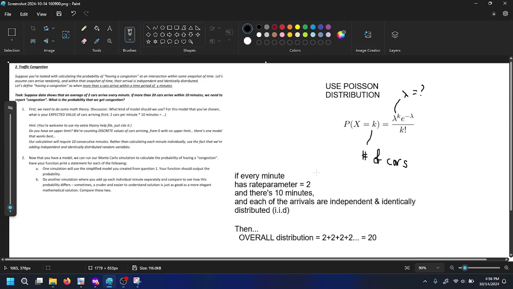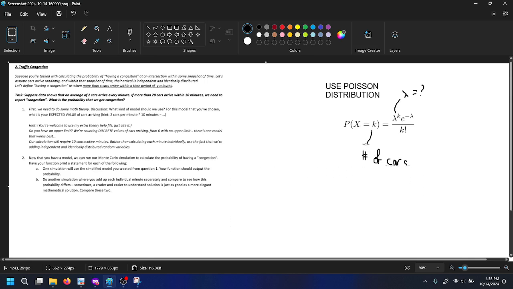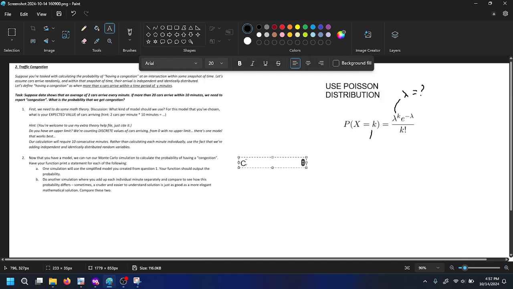Now, what's the condition again that we're solving here? The condition, just to remind you, is given to us in the question right here. If more than 20 cars arrive within 10 minutes, we need to report a congestion. So that's the condition.